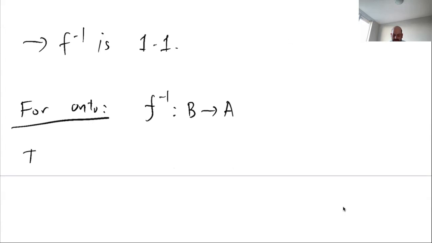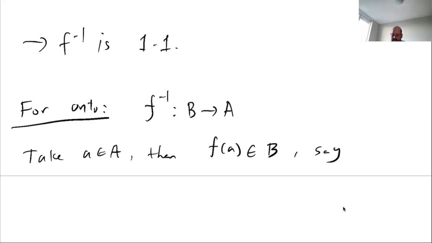So take, let's say, a in A. Then F of a would be some element in B. Say b equals F of a.